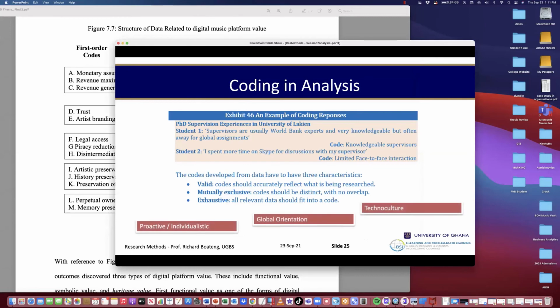Okay. So what can we say about the PhD in this university? First of all, by the time we finish summarizing, I've jumped a lot of the codes when I combine them. So I'm now reaching my selective coding. I can say that there's a technoculture environment, because you have to be online all the time.